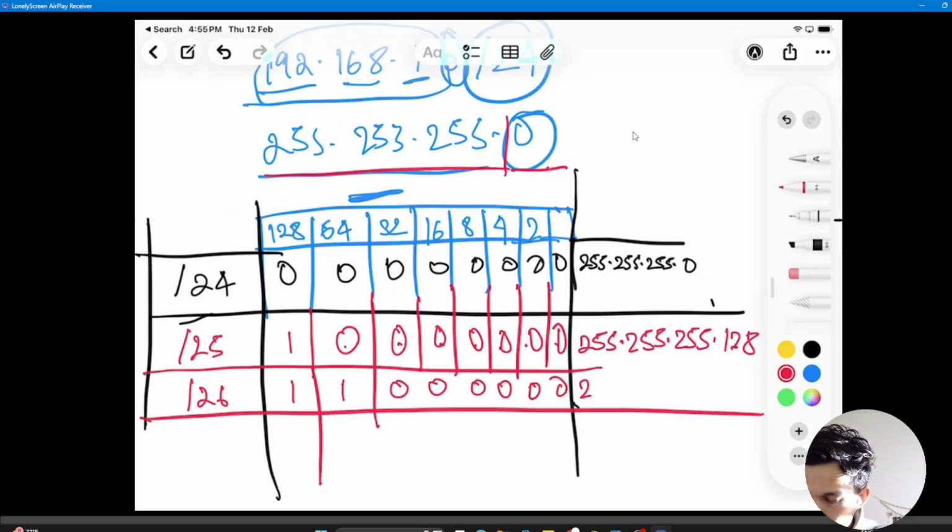So it will be 255.255.255 dot 128 plus 64, that will be 192.